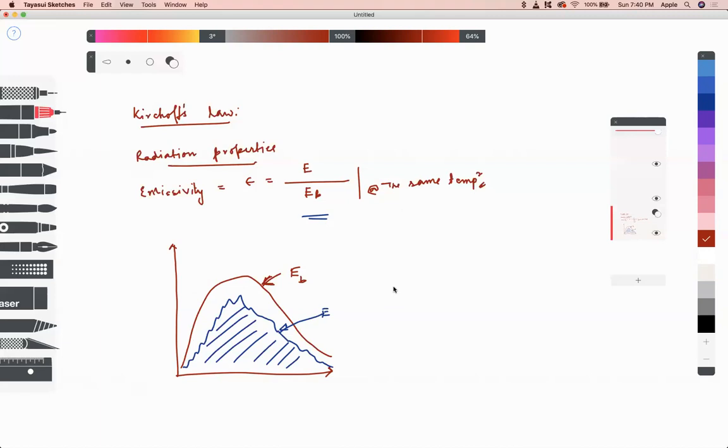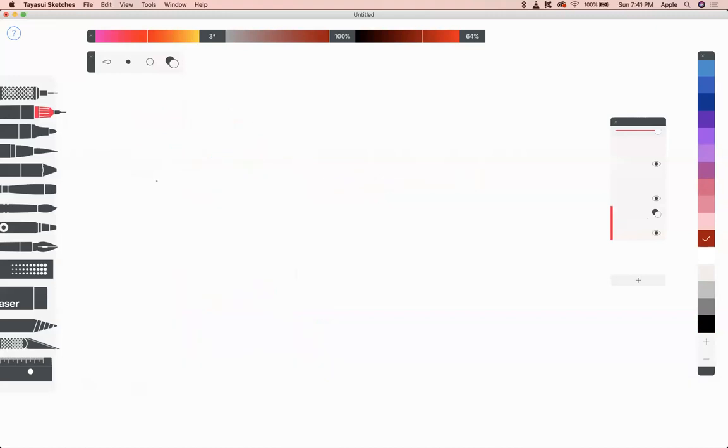Next is your absorptivity. Along with absorptivity, we will try to define some other radiation properties. So what are those? Let's see. Whenever a real surface interacts with the radiation, usually three things happen.